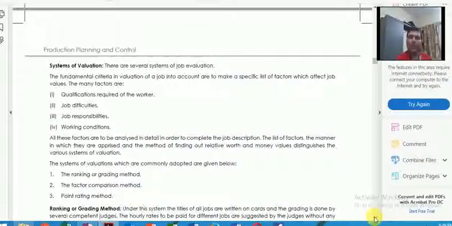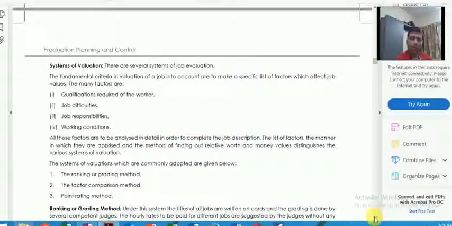As the papers are assessed by the examiners to see what content is written by the student, in similar manner the organization every year for a certain period assesses the work done by the employee. It has to make sure that the employee is fulfilling his duties in a very good manner.